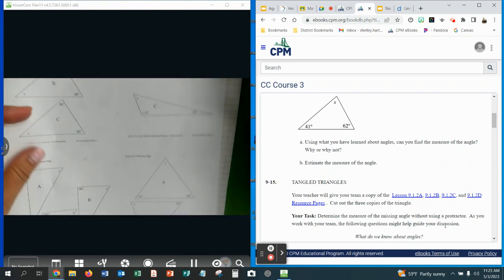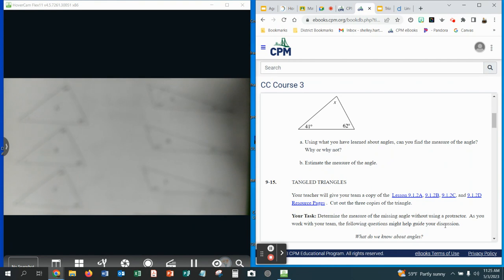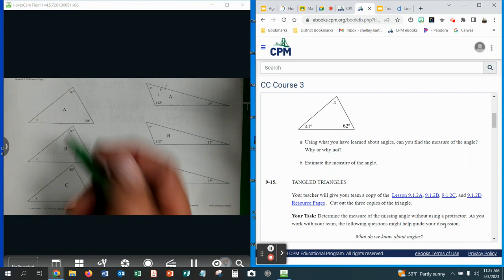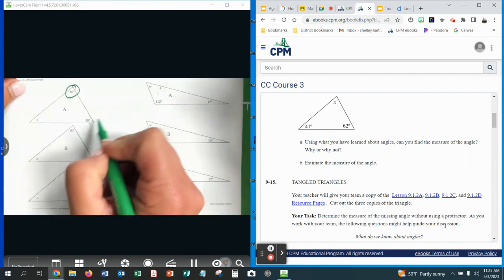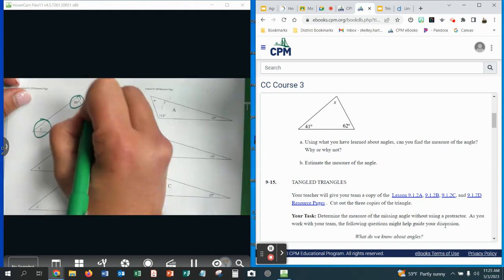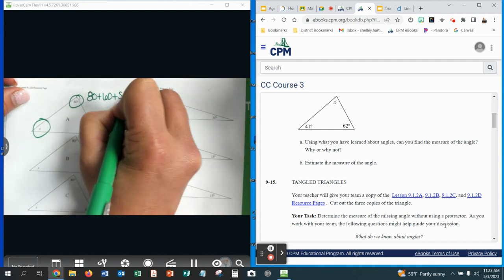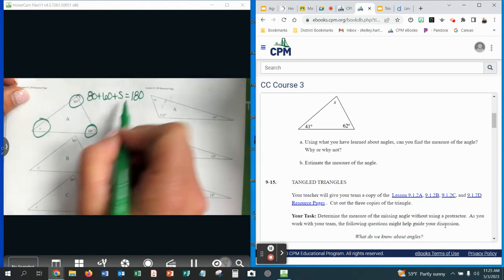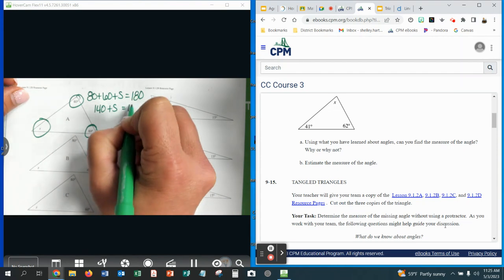Let's take a look at them. If you notice that some of them are all the same, so we're just going to work out one each. It was kind of a group thing, so let's just take a look. For A, B, or C, you've got 80, 60, and then S. So it should be 80 plus 60 plus S equals 180. 80 and 60 is 140 plus S equals 180.